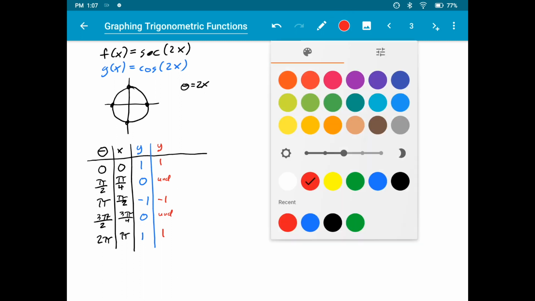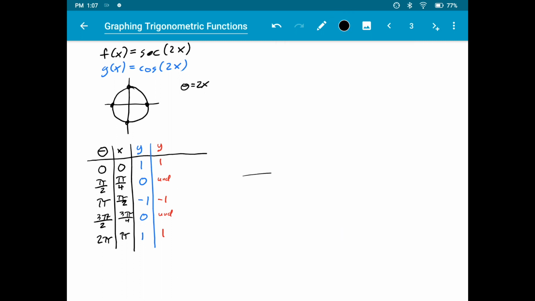So if we're graphing this, we're going to be looking at x values of 0, pi over 4, pi over 2, 3 pi over 4, pi, and it will keep going in both directions.